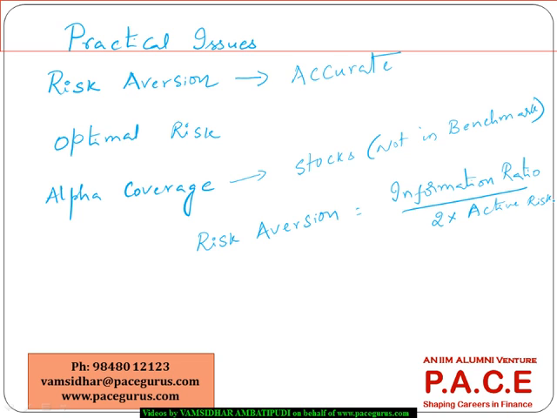So the information ratio divided by twice the tracking error is what we call the risk aversion level, and this risk aversion goes as an input into the mean variance framework, which is helpful to determine the utility.